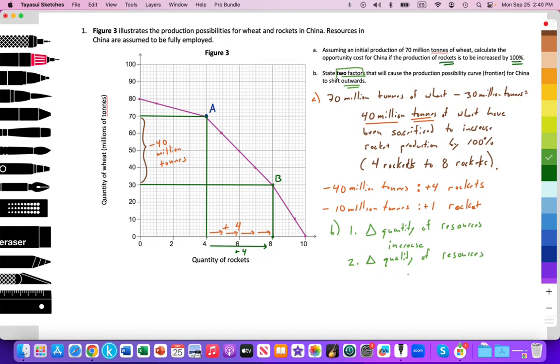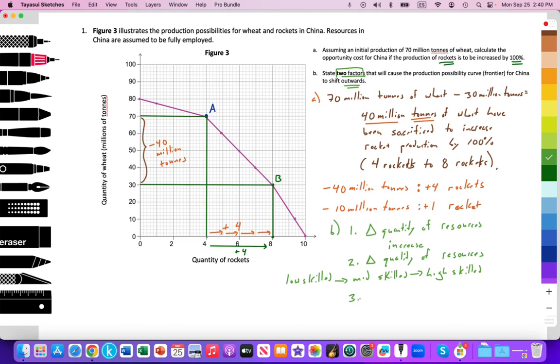So if the quality of the resources improves, you go from low-skilled, transitioning to mid-skilled labor to high-skilled labor as you educate your population, then the production possibility curve will increase.